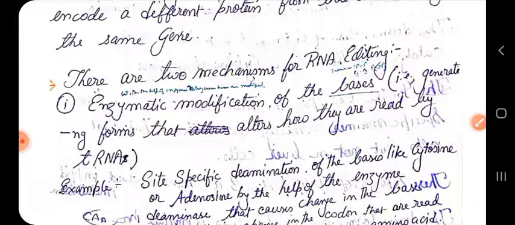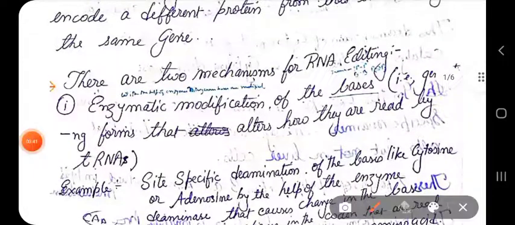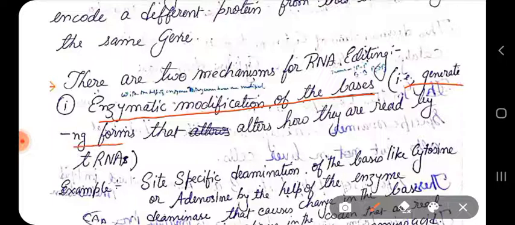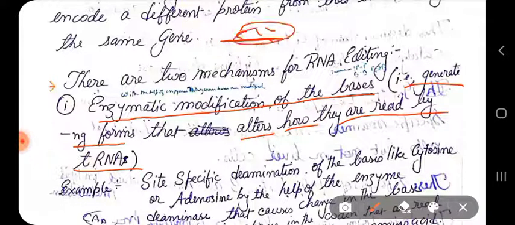So the nitrogenous base can be modified with the help of enzymes, generating forms that alter how they are read by the tRNA. If we modify the nucleotide sequence within the mRNA, then automatically that base sequence will code for a different codon, coding for a different amino acid.